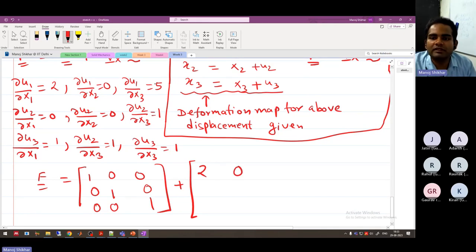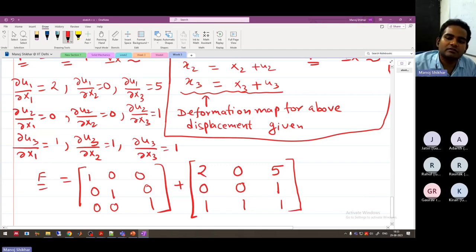Del u1 by del x3 will be first row, third column. Del u2 by del x1 is second row, first column. Del u2 by del x2 is second row, second column. Del u2 by del x3 is second row, third column. Del u3 by del x1 is third row, first column. Sorry, here it should be u3, not u2. Del u3 by del x2 is third row, second column. And del u3 by del x3 is third row, third column.